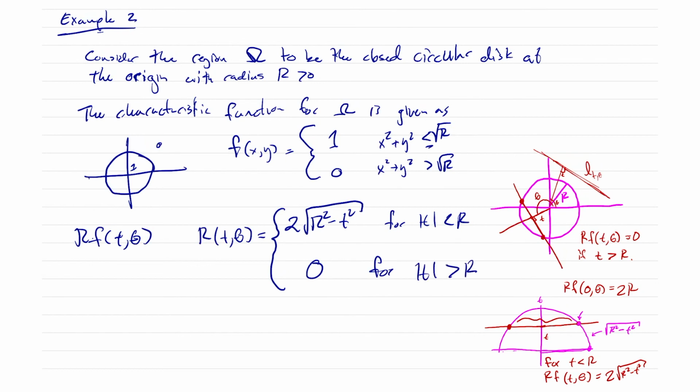I guess we're also assuming the convention that t could be negative, but having negative t really just means you flip the theta around. Okay, cool. All right, so now we have two examples.